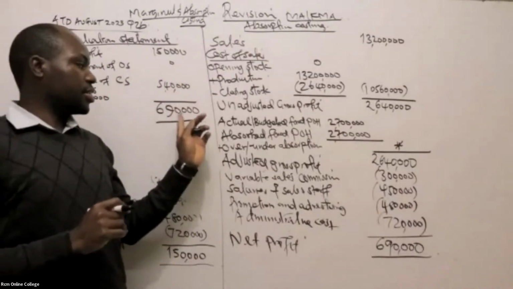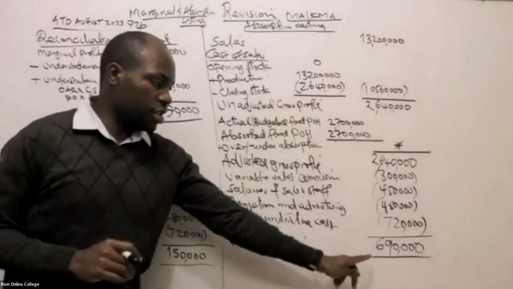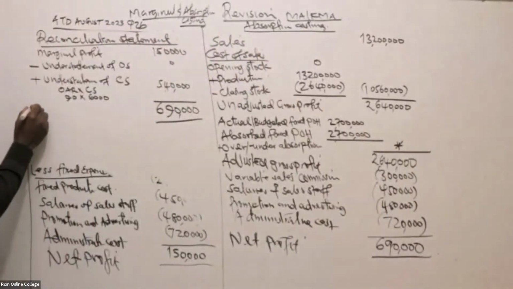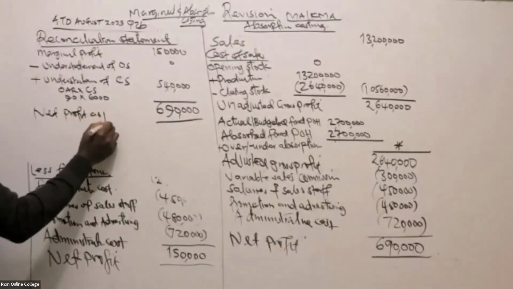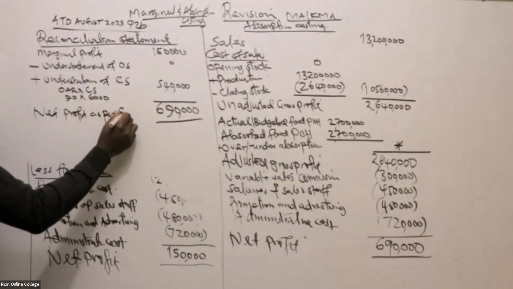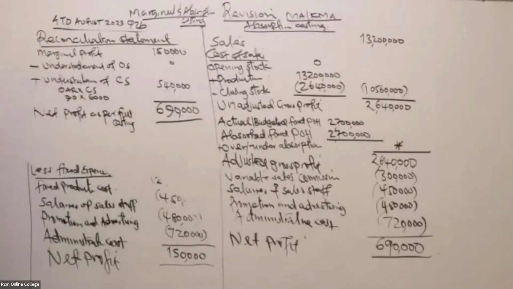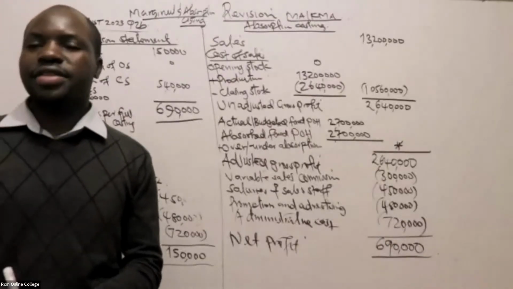Yes, the 690,000 is our net profit as per the full costing method. That's how you prepare a reconciliation statement.